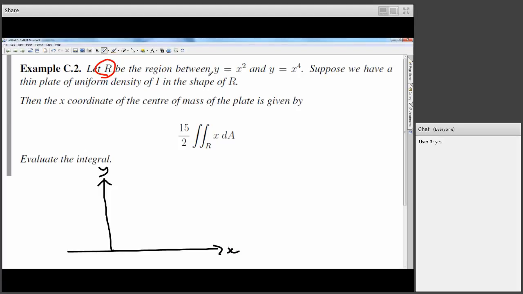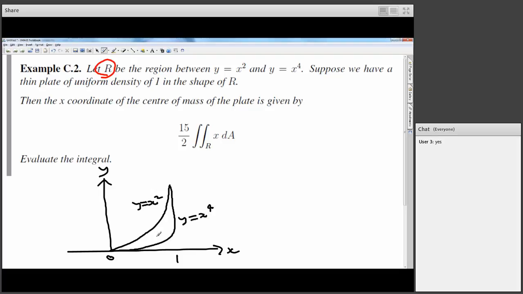I've got the function y equals x squared, and the function y equals x to the 4. Between 0 and 1, at least, when you raise small numbers to the 4th power they get even smaller, so x to the 4 is just a flatter version, and I'm exaggerating a lot.